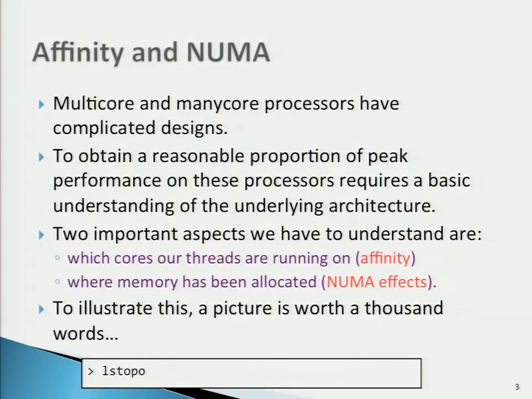You've got the connections between processors with QPI, or QuickPath Interconnect, on Intel and HyperTransport on AMD. And it's an unfortunate reality, but it's not as simple as just writing some OpenMP loops. You really do have to have at least a basic level of knowledge about what the underlying hardware is like if you're going to write code that gets a reasonable proportion of peak performance.